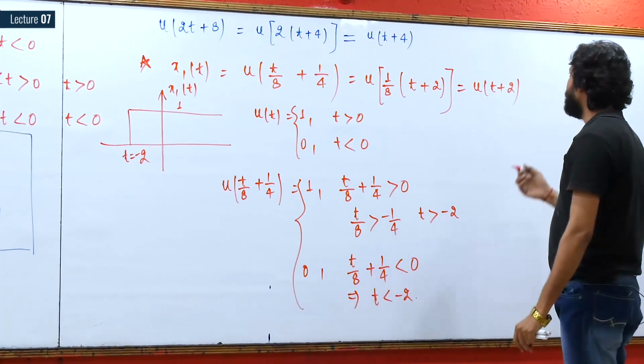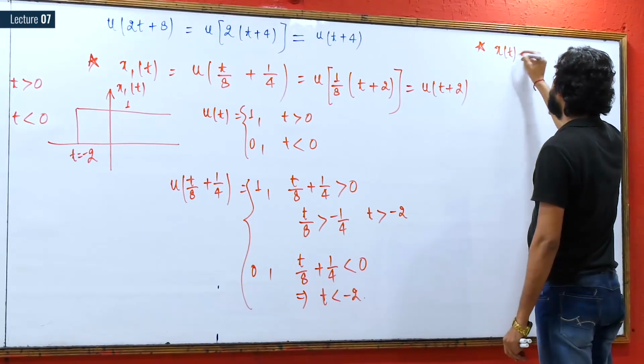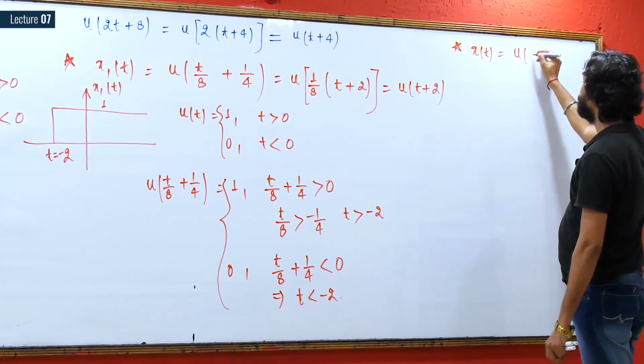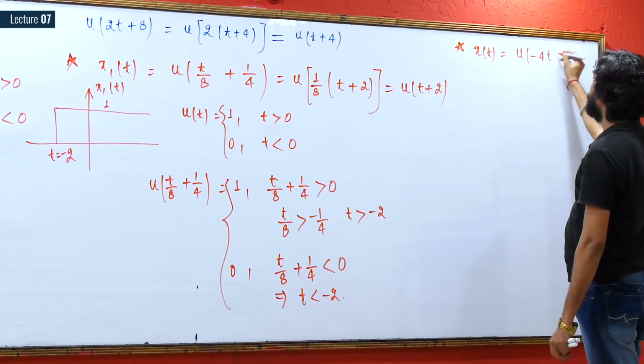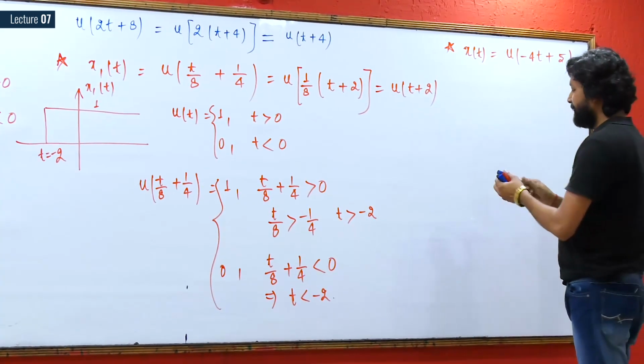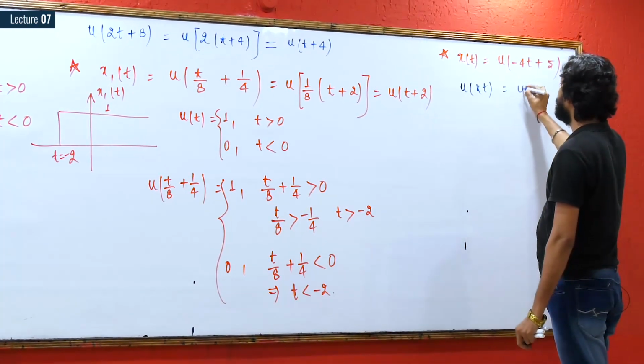So if you have to plot say x of t, that is u of minus 4t plus 5, combining one more operation. Here, the result we have obtained is that we first wrote that u of kt is going to be the same as u of t.